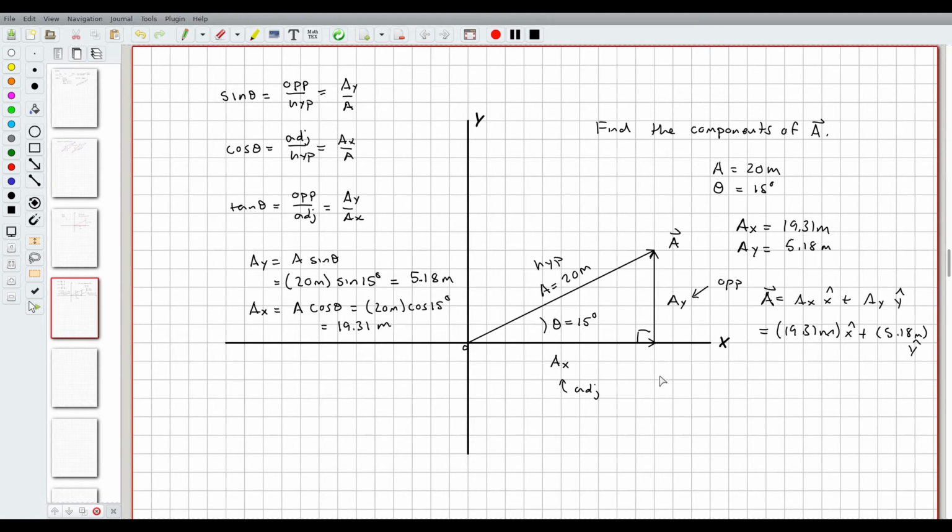So it should be true that if I go back and find the length of this and find the angle it makes with respect to the x-axis using these numbers that I found right here, I should get 20 meters and 15 degrees. So let's just check ourselves to make sure. So the length of this vector should be, like I said, 20 meters. You take the square root of the sum of the squares.